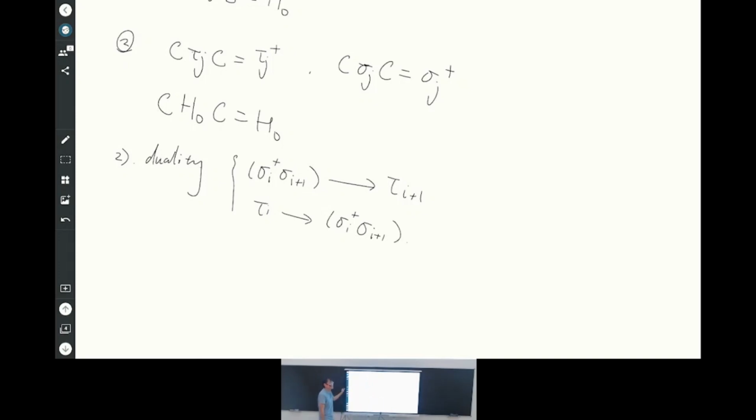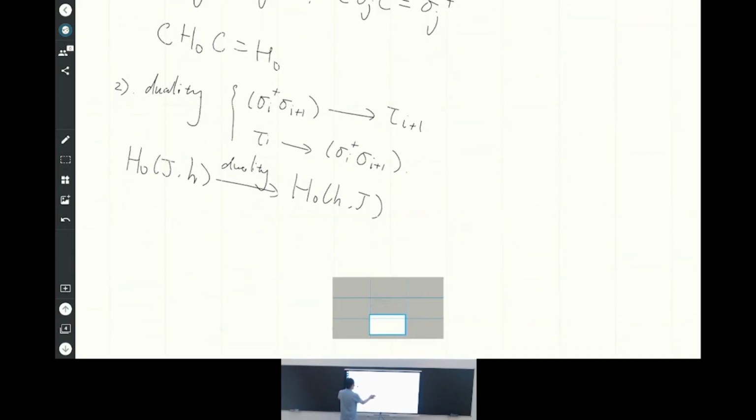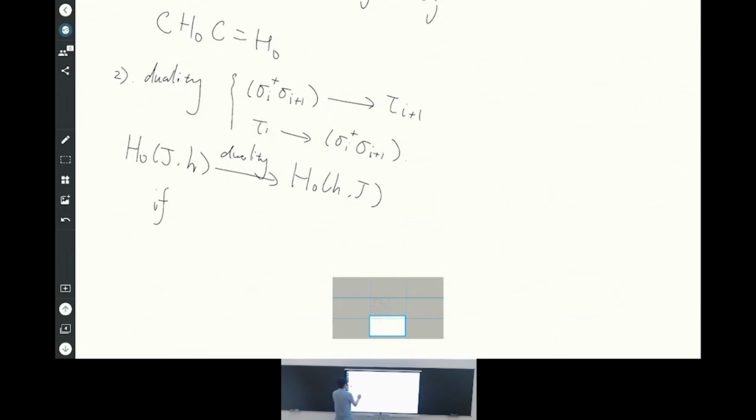Okay, like this. When you apply this duality to H naught, you will see that under the duality it changes to H naught with the parameters H and J exchanged, so this Hamiltonian H naught is invariant under the condition H equals J. So this is the self-duality point of this model.